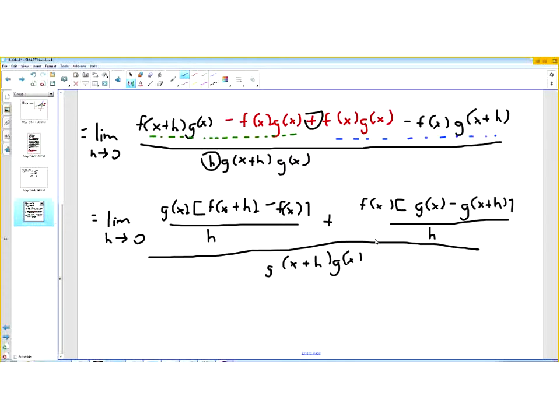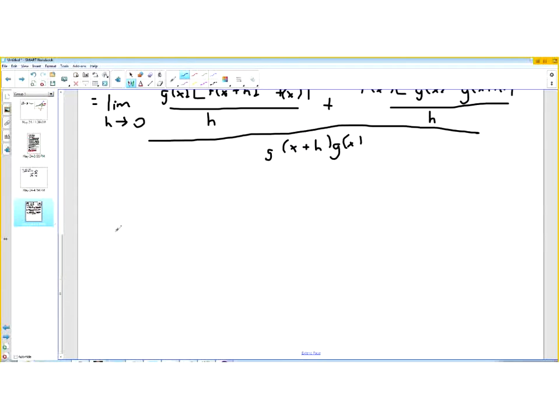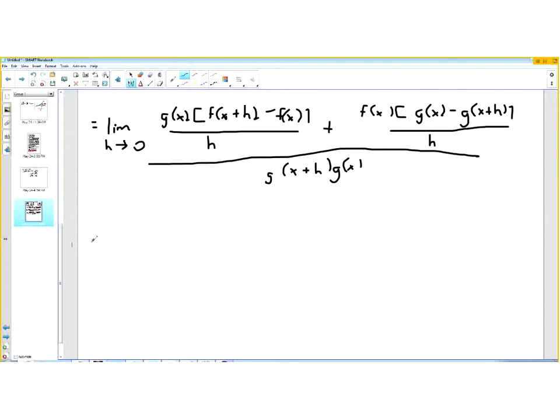I'll go ahead and use the limit laws. So this would equal the limit. I'll distribute the limit operator to each term in the numerator as well as in the denominator.